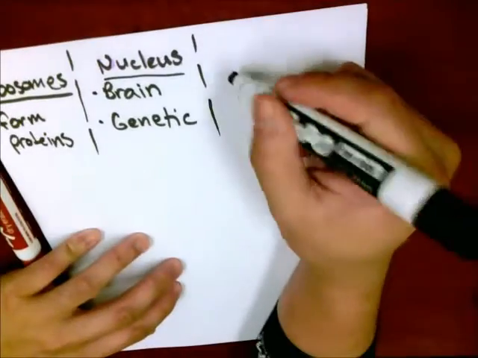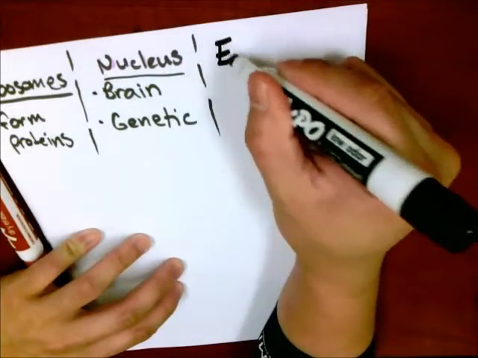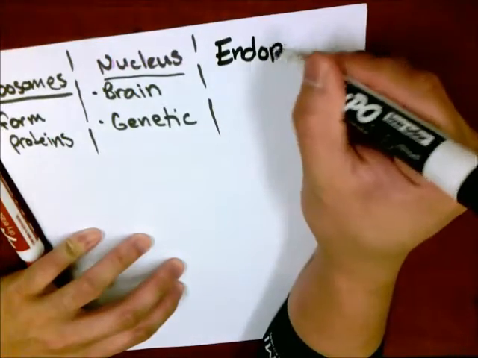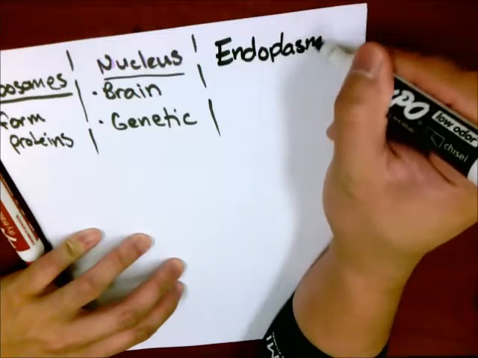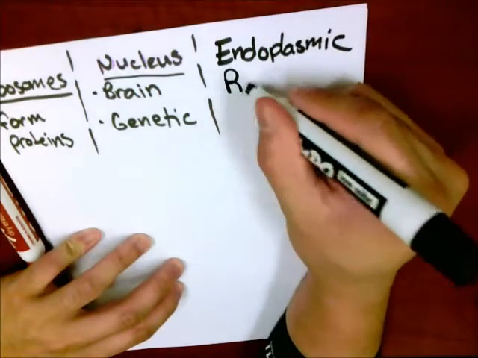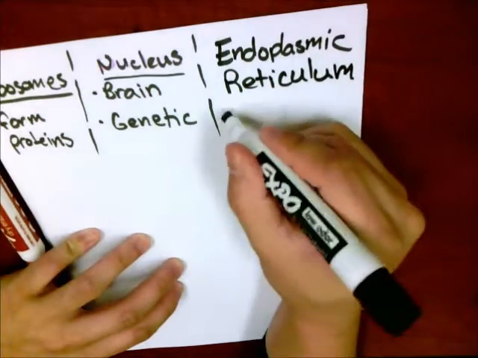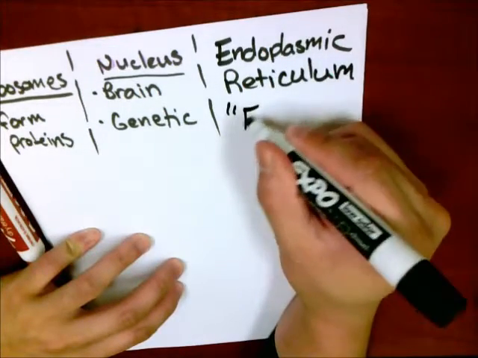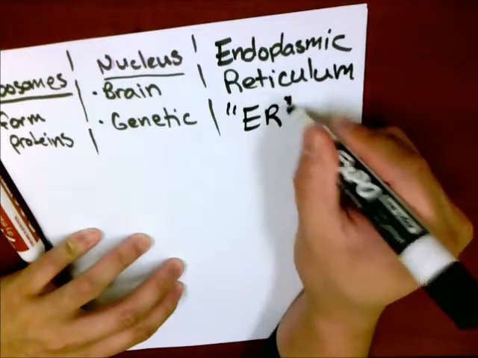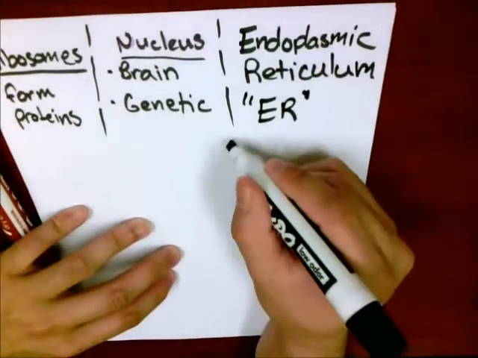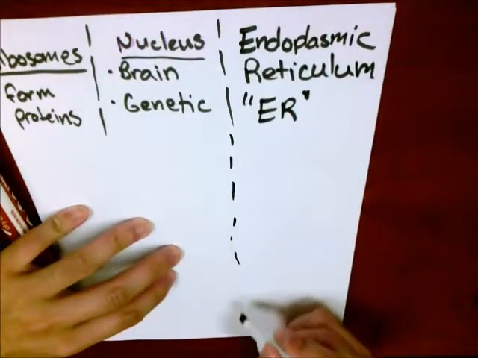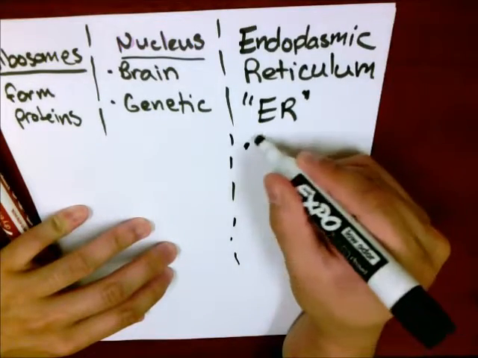Good. So endoplasmic reticulum. This can actually be shortened to the ER. So the endoplasmic reticulum is often referred to as the ER. And there are two types of the endoplasmic reticulum.